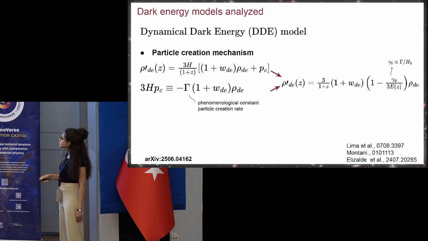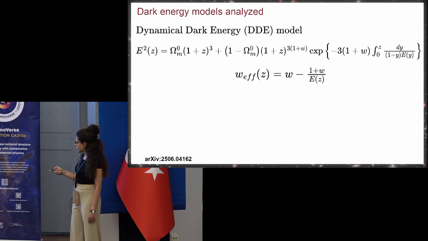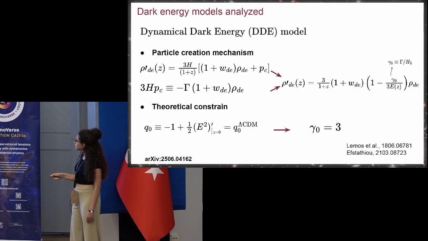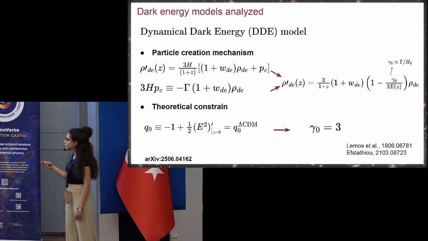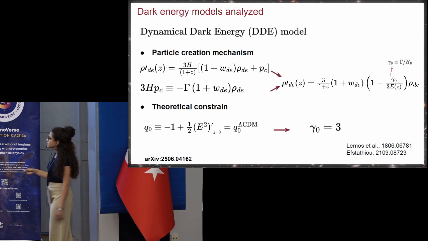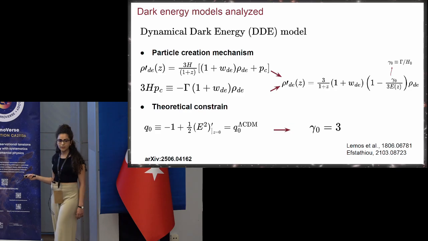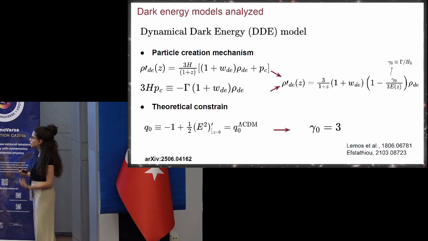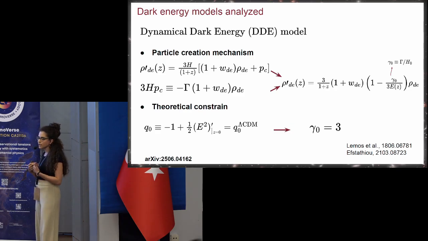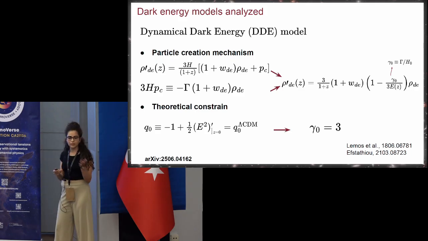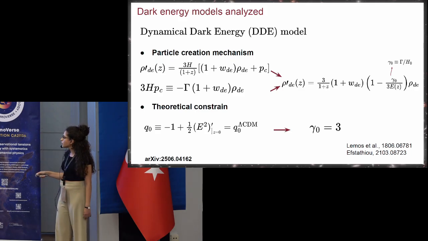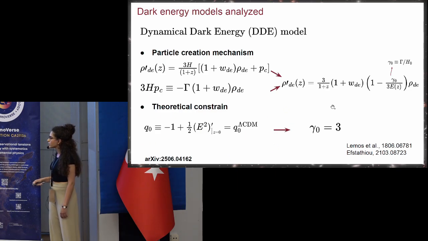If we consider these two equations, we can obtain the final continuity equation for dark energy. Furthermore, we consider this other theoretical constraint, to be sure to maintain the distance moduli relation until redshift equals 0. In this way, we impose that the acceleration parameter of our model is equal to that of the Lambda CDM.